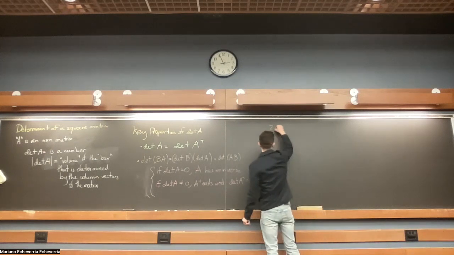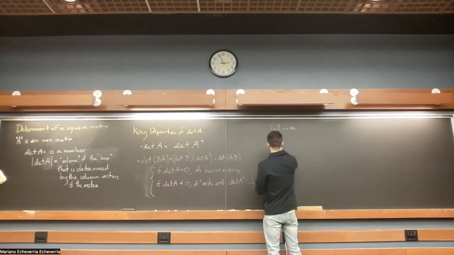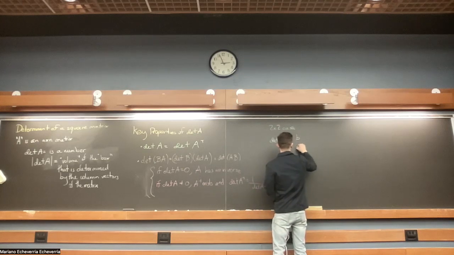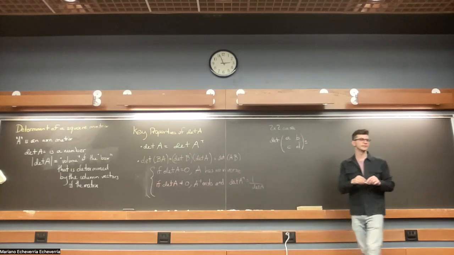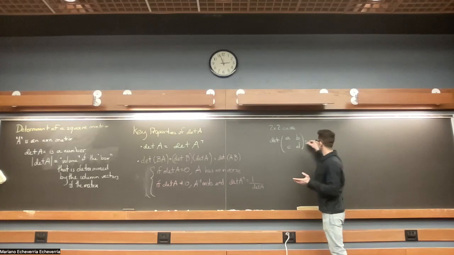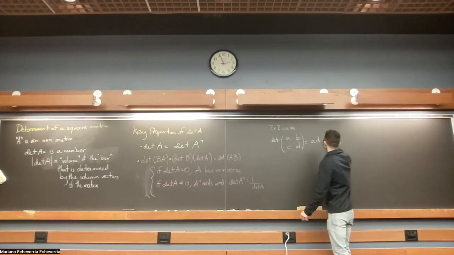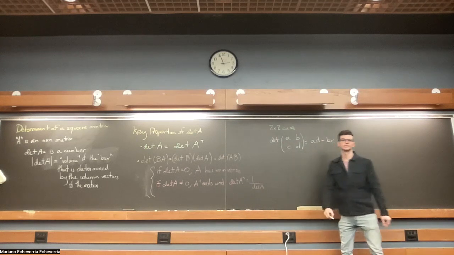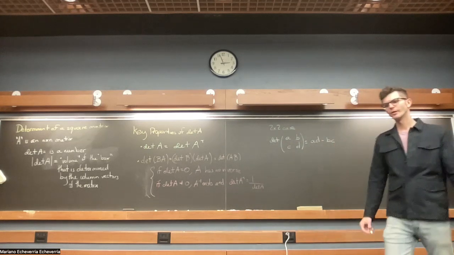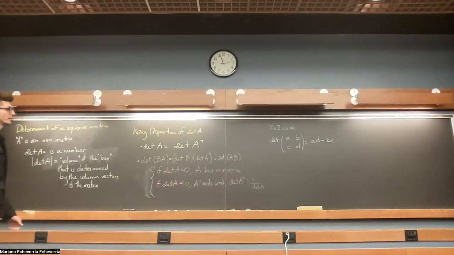Remember in the 2 by 2 case, what was the determinant of the matrix A, B, C, D? You just multiply the main diagonal, AD, then multiply the other diagonal, which is BC, and then you subtract the answers. So it's fairly straightforward. That's the determinant for the 2 by 2 case.